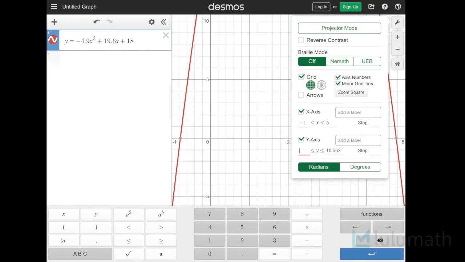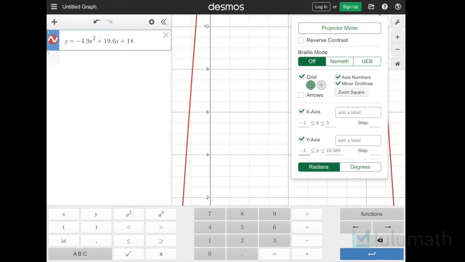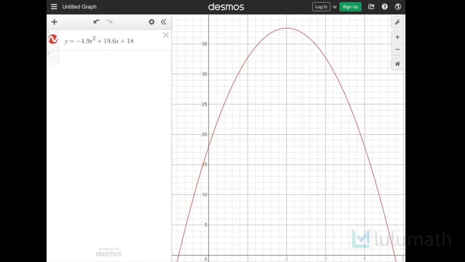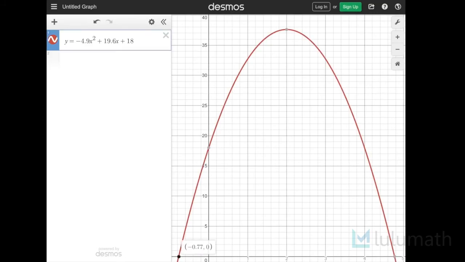For our y-axis, we'll say it goes from -1 to about 40, even though it only goes up to 37.6. Here we have this root that we don't really care about, the -0.77. We have our y-intercept of 18, our maximum of (2, 37.6), and then our 4.77 where the ball hits the ground at 4.77 seconds.